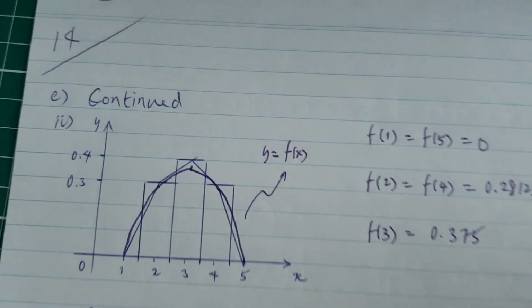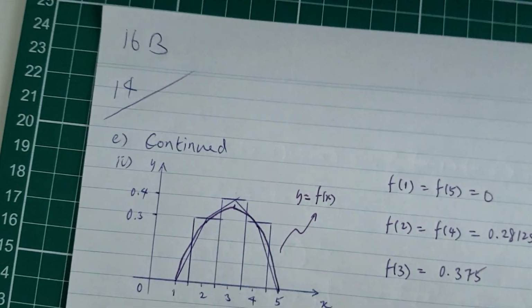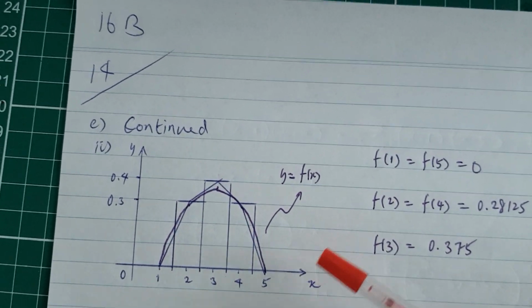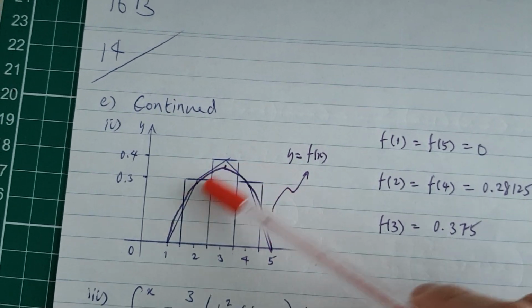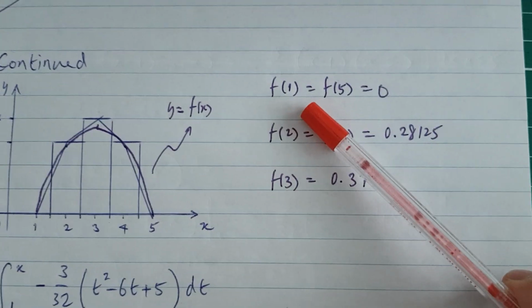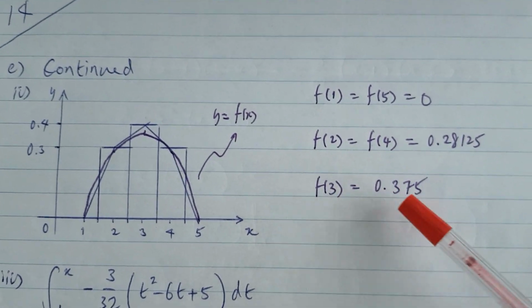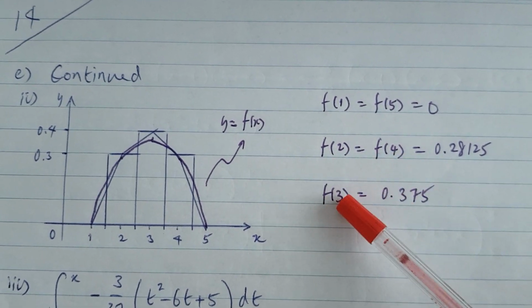Now, part E. Part E was drawing the model function on top of the histogram, which looks like this. Here is the actual evaluation of the little fx for all these important x points.